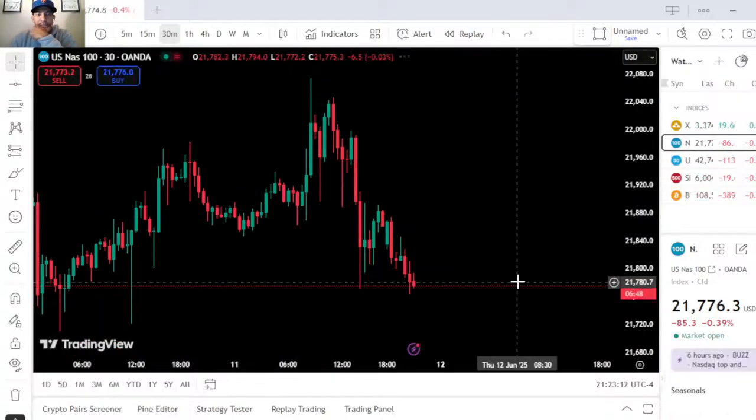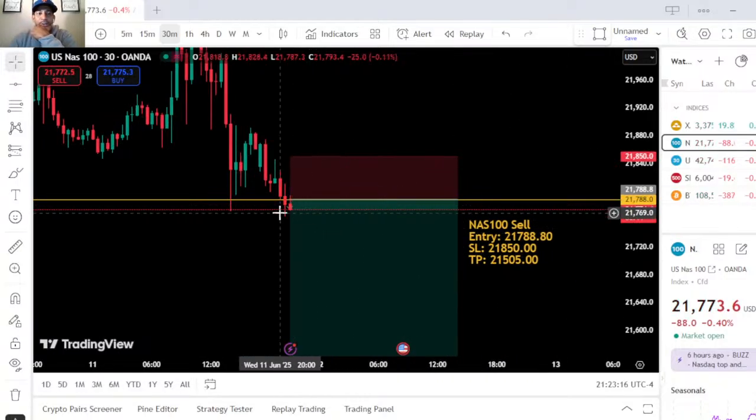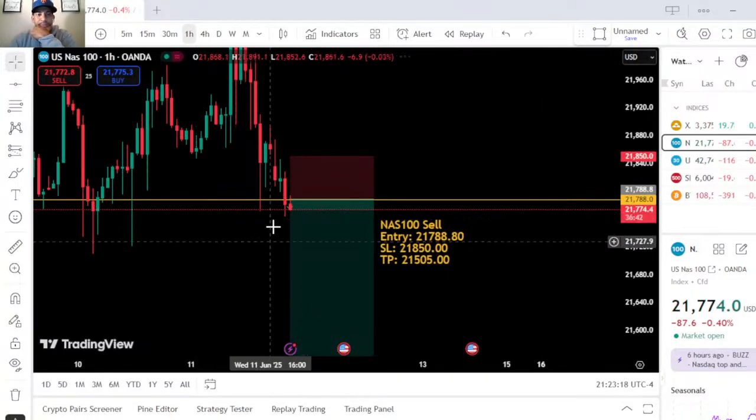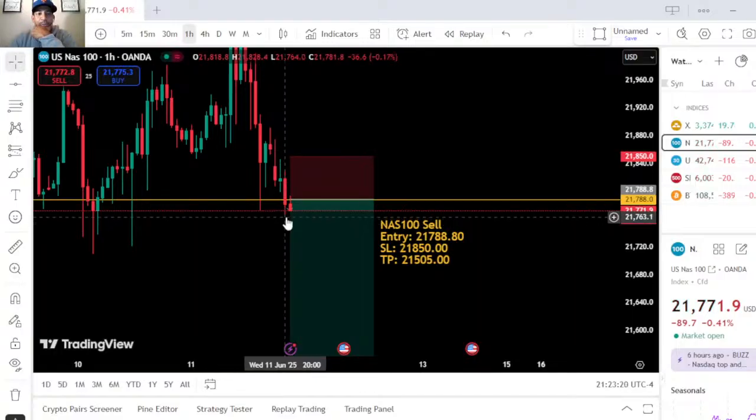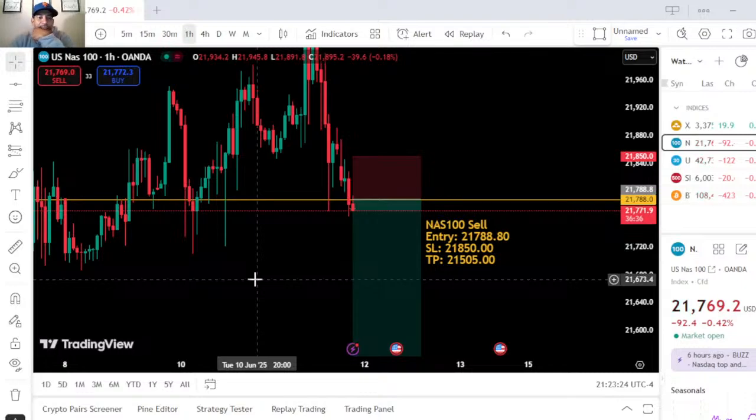Where's the NASDAQ? Yeah, all right, we're looking good on the NASDAQ, gang. If we take out these lows here, come on, bro. Once we take out the 1 hour lows after making this top wick here, we should drive down, gang.